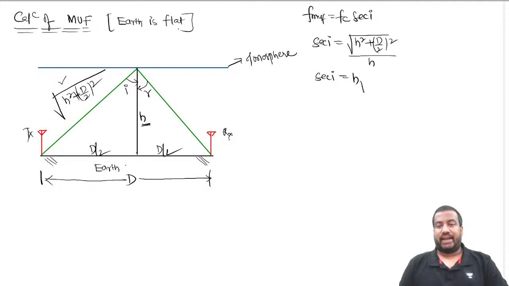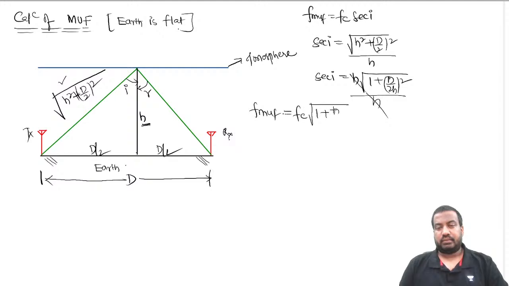Secant i is h times of under root 1 plus (d by 2h) whole square, by h. The cancel of h. F_MUF is equal to F_C into under root of 1 plus (d by 2h) whole square.